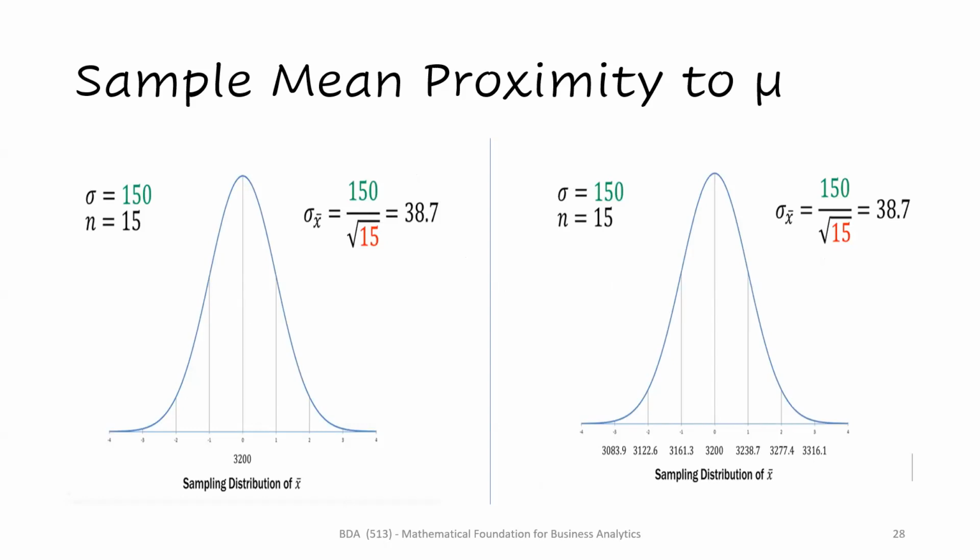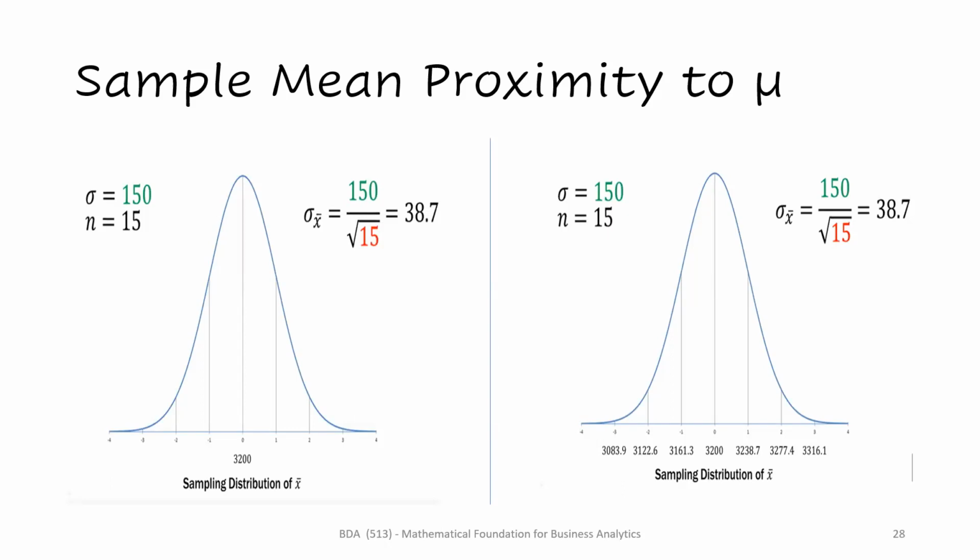On my left, we said that the acceptable or population mean for the viscosity was 3,200, do you remember? Yes, sir. So for a sample size of 15, we calculated the standard error of the mean to be 38.7.